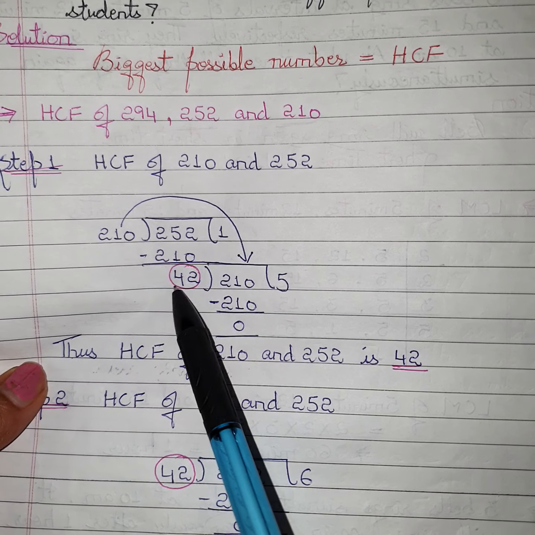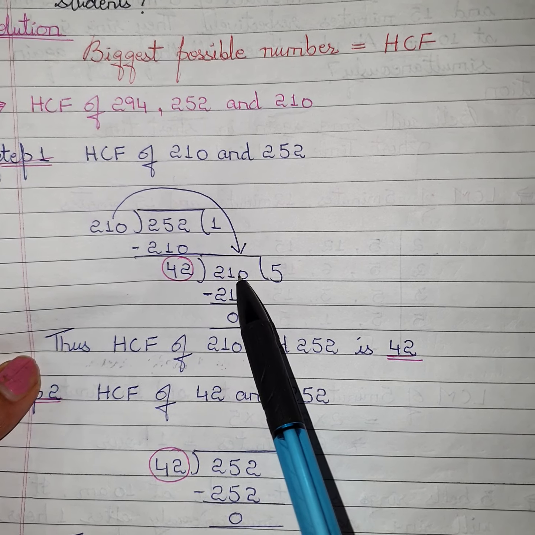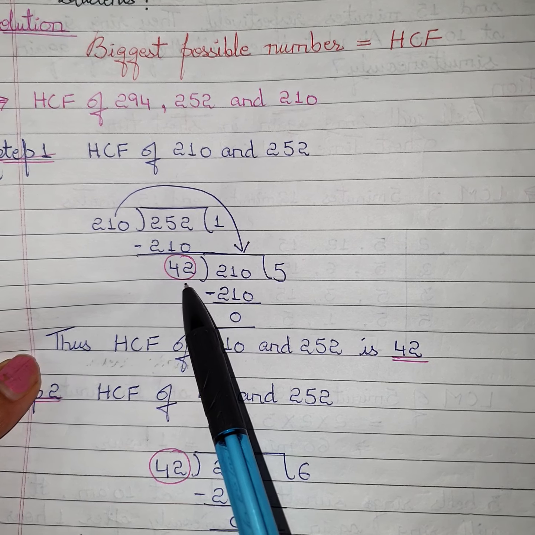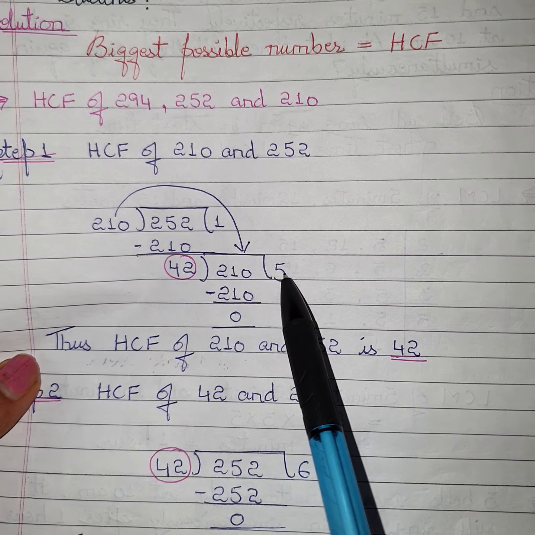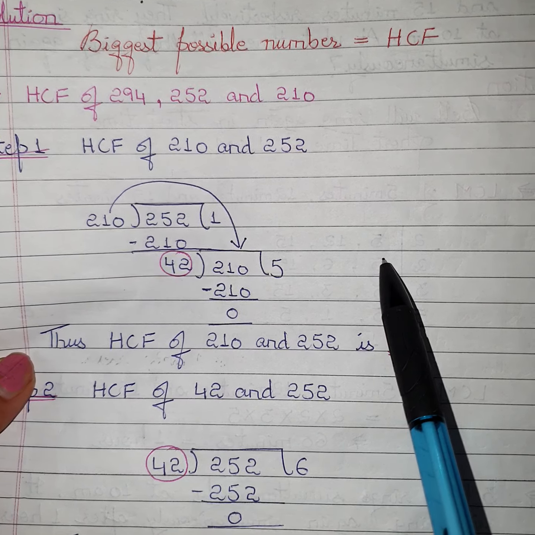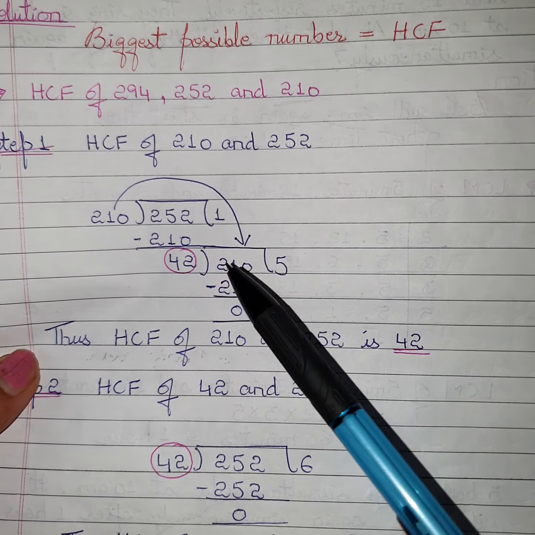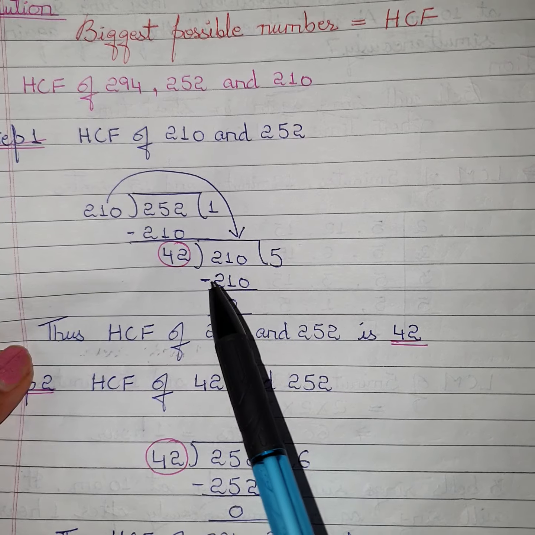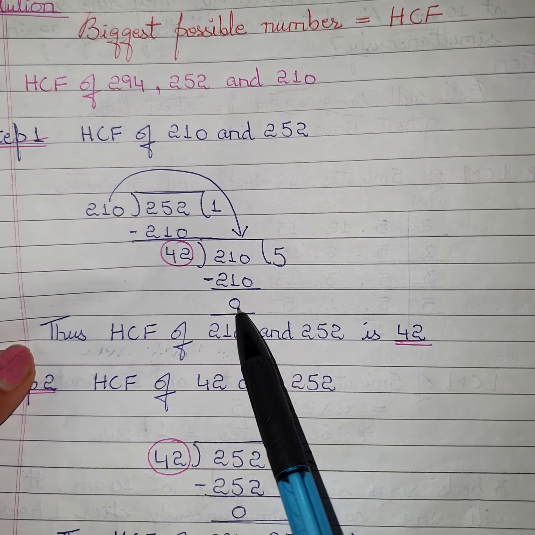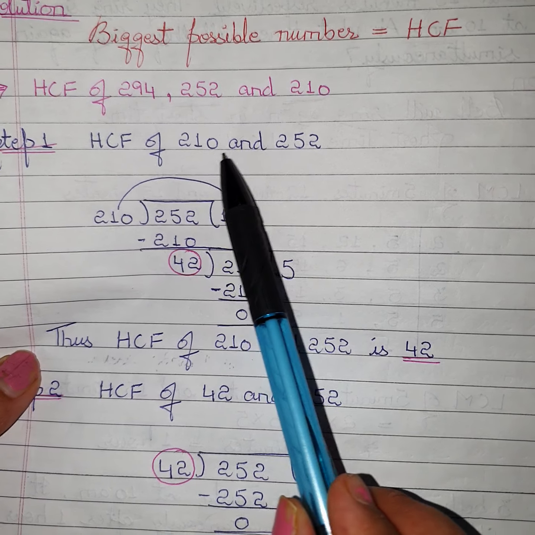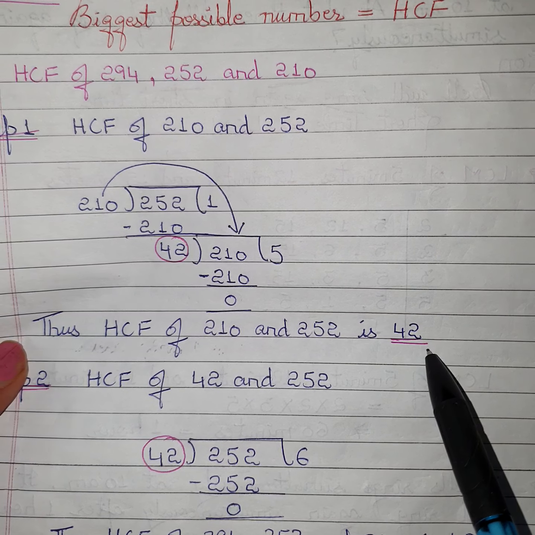Subtract it, you will get 42. Now 210 will come down in the next division, and in the table of 42, 210 comes 5 times. You can solve the working yourself in rough work. So 42 fives are 210. The remainder is 0. That means the HCF of 210 and 252 is 42.